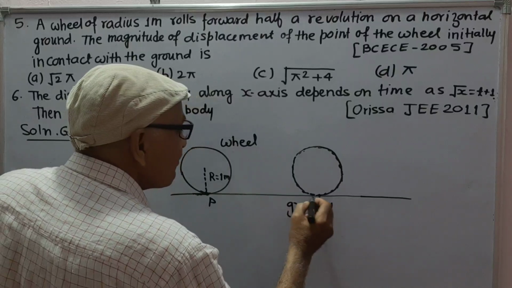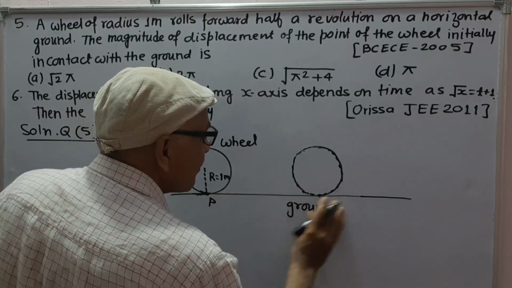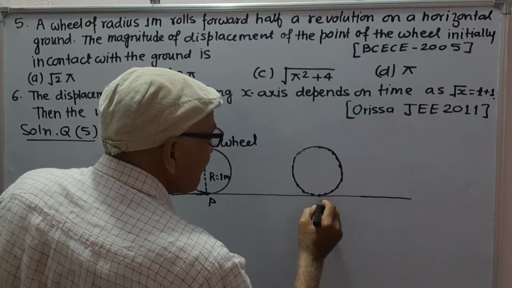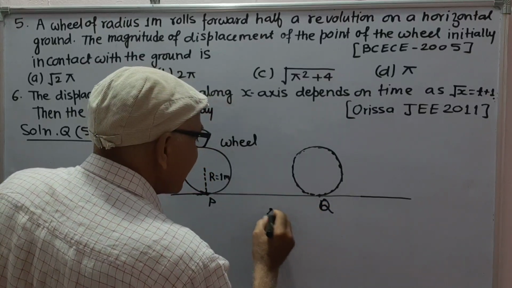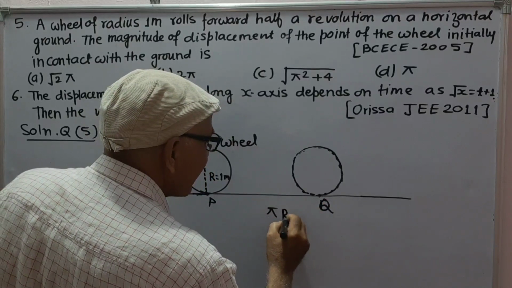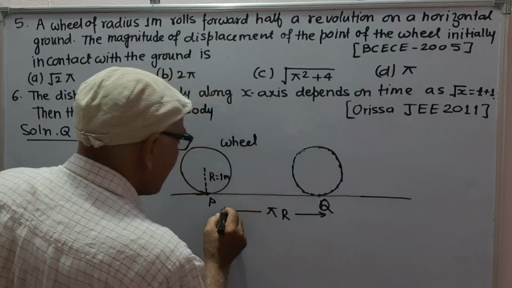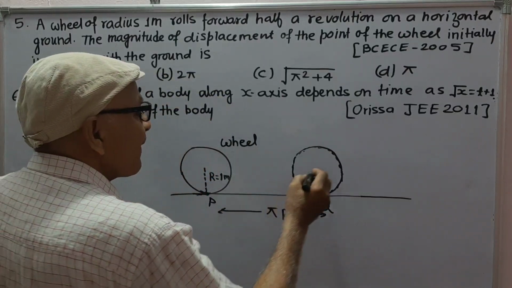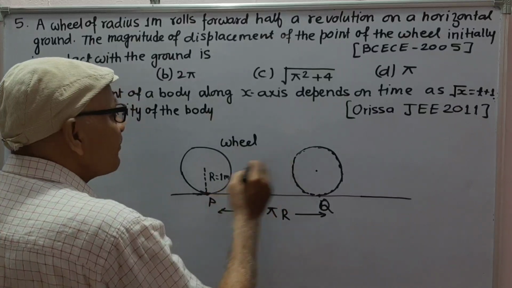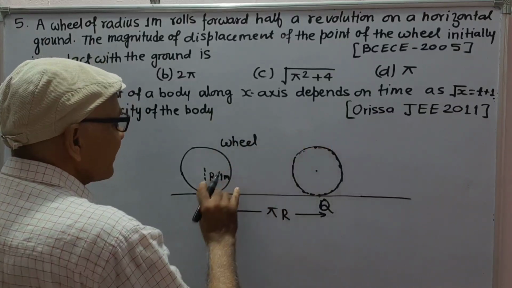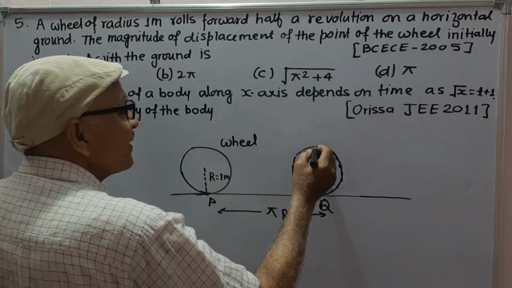So, from P to point Q, displacement will be pi r in half revolution, and this point P will come to P dash after half revolution.